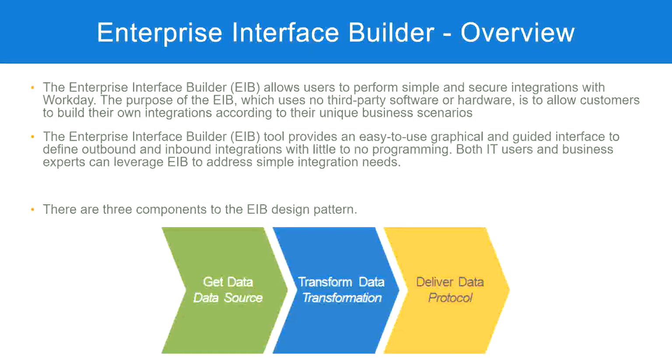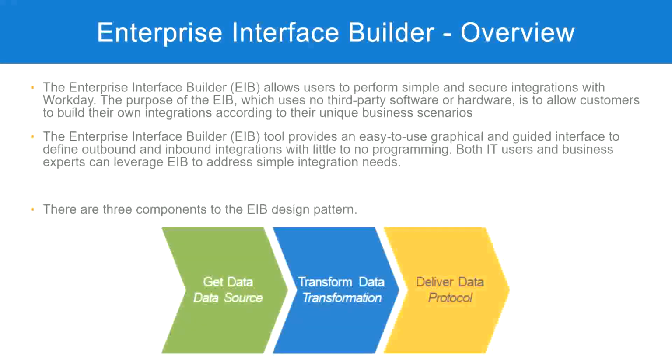Get data. Where are we going to get the data from? That is something we have to configure. Do we need transformation? If yes, configure that. If no, leave it blank. And then deliver the data.